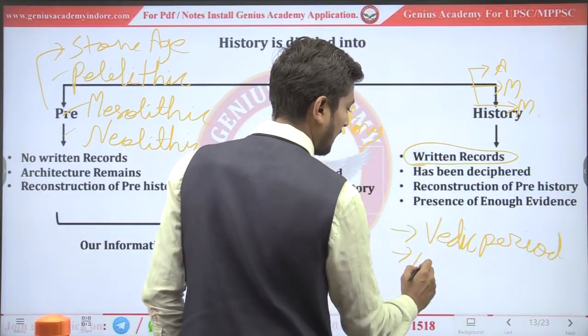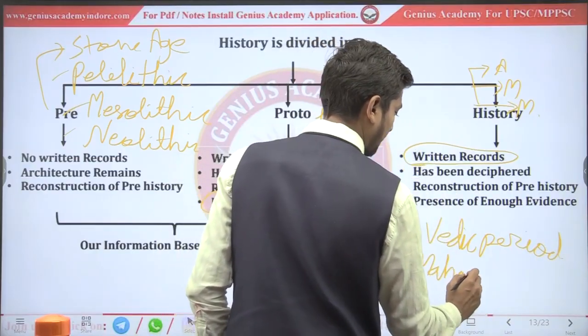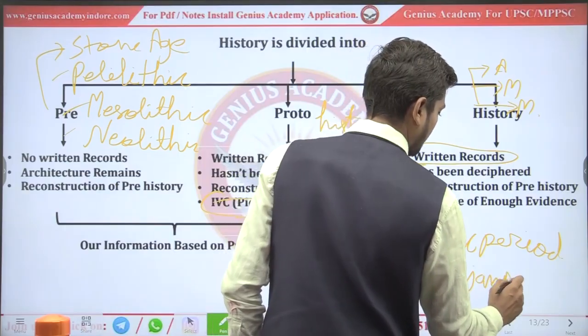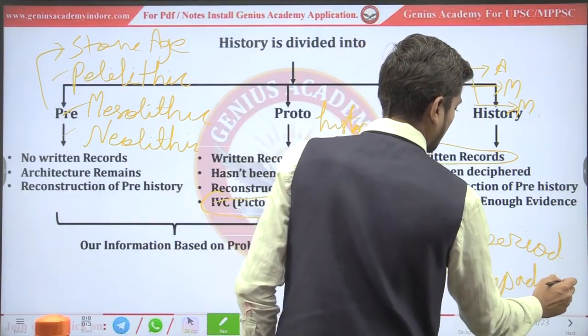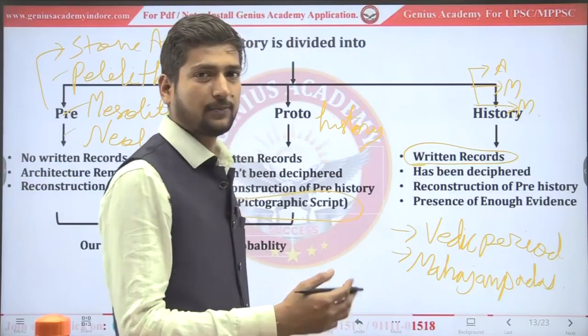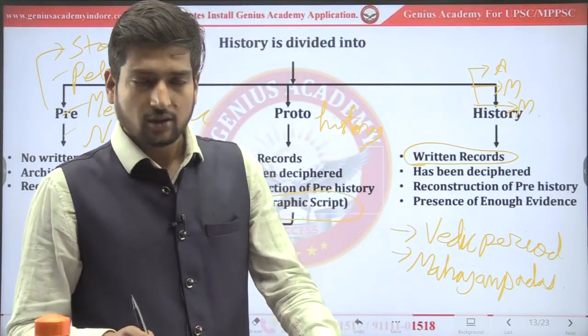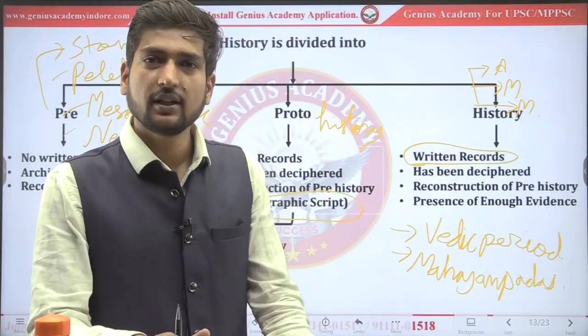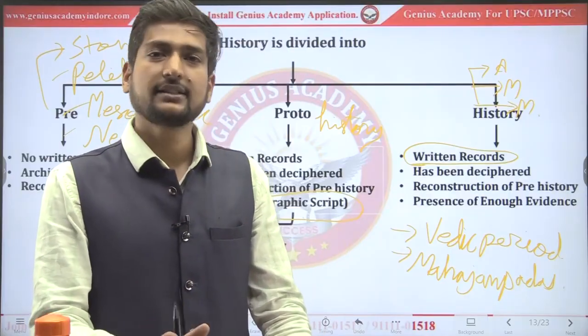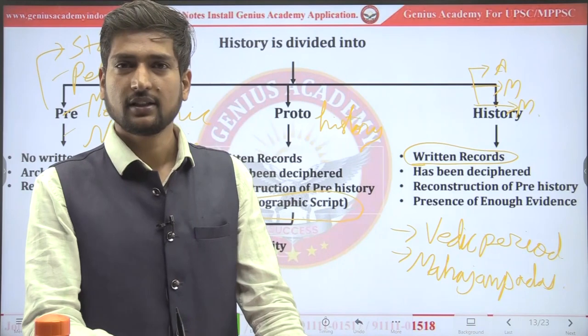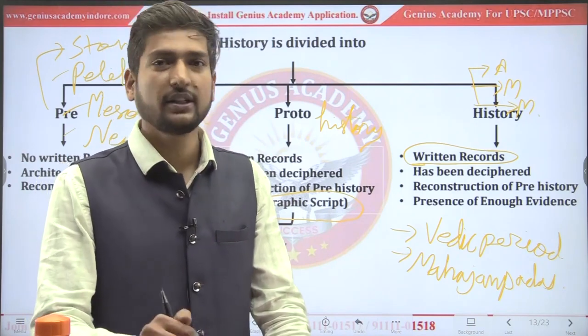Another example is the Mahajanapadas. Up to the Mahajanapadas and the Gupta period, we have the Puranas. We have enough literary evidences from the Vedic period to know and to decipher our history.